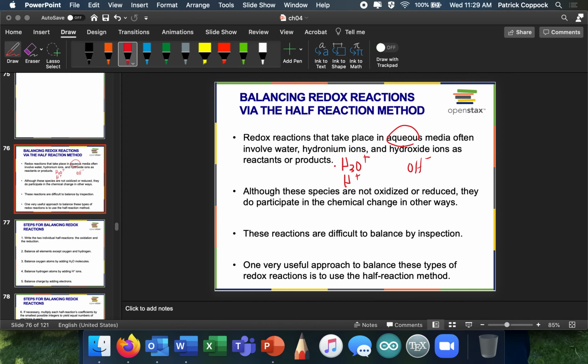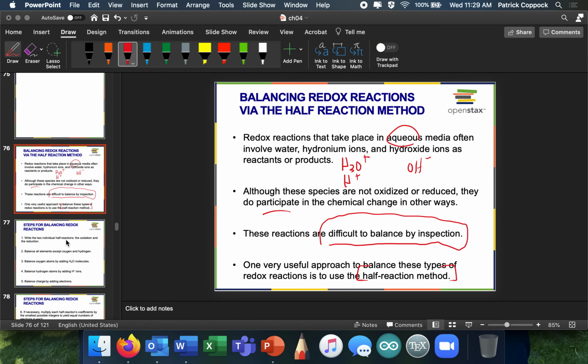Even though these are not oxidized or reduced, they do participate in other ways, and so we're going to use them. These are very difficult to balance by inspection. I would say impossible. You can be tearing your hair out. So one useful approach to balance these types of reactions is to use the half reaction method.